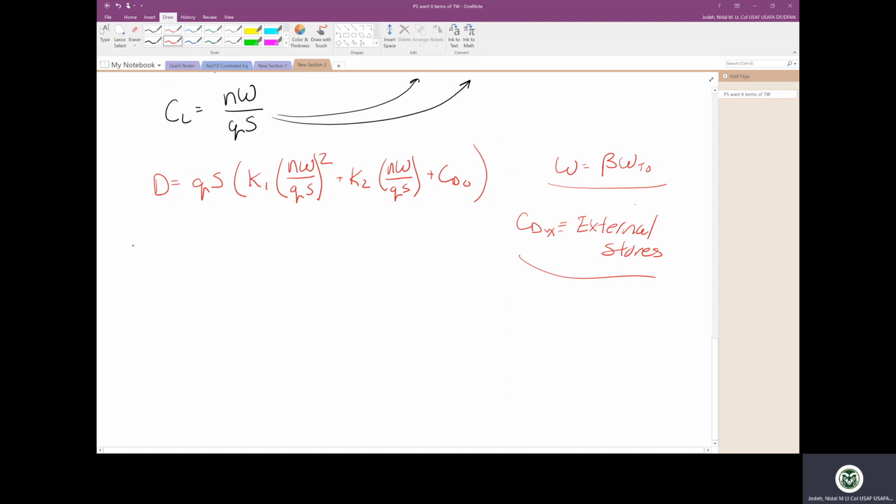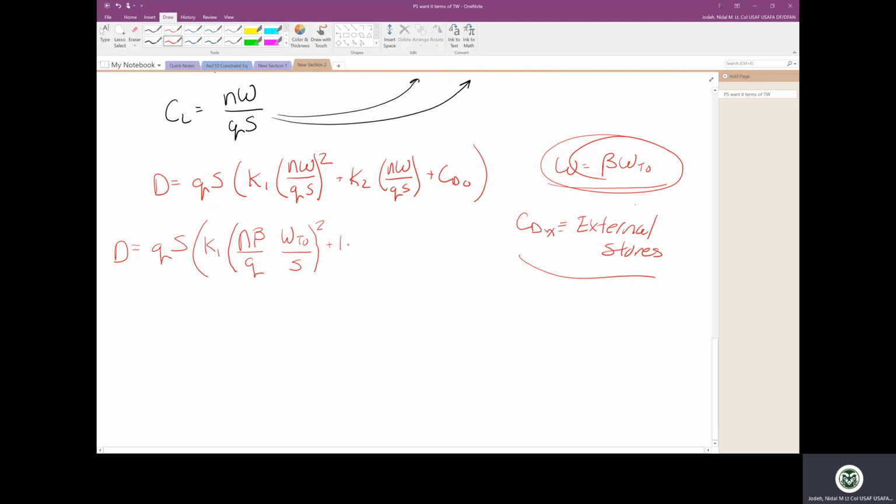And we're going to have drag is equal to qS times K1 times n beta over q times weight takeoff over S. I'm going to split this fraction up, but I think we can all agree that if I multiply them together, it's just like I would have if I substituted that in.